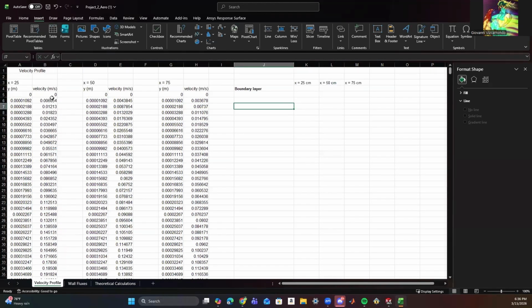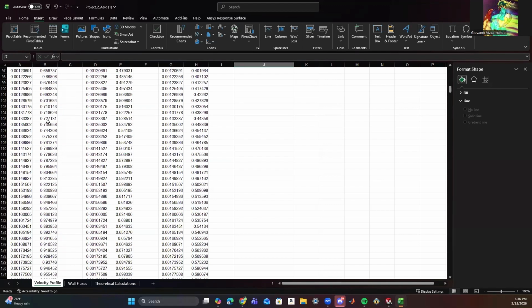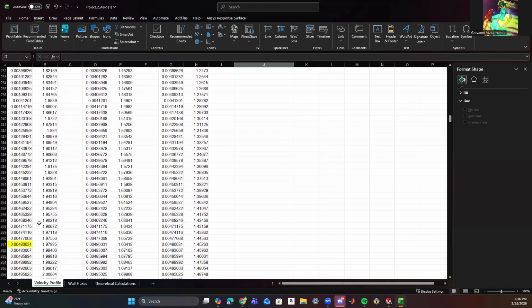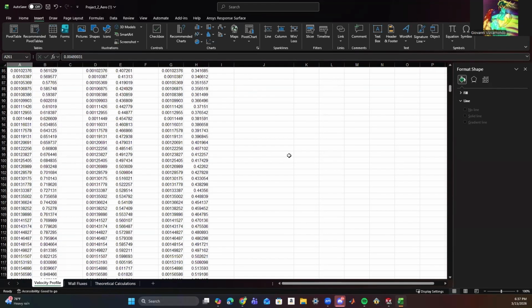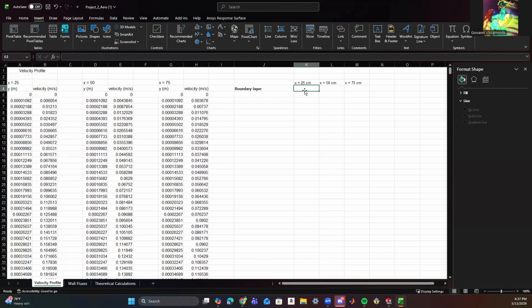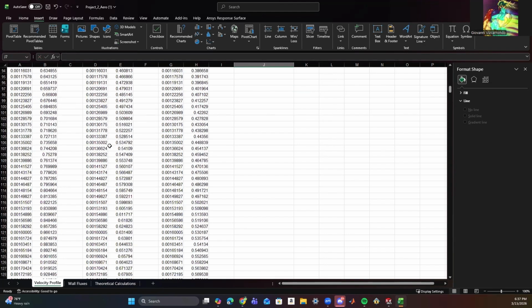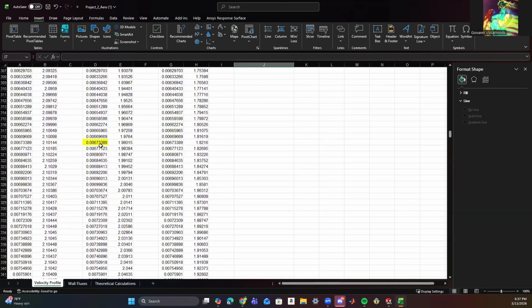We're going to go down here because this is our velocity. Again, we're looking for 1.98. Here is the closest thing we have to 1.98. That's A261. Then we're going to go down here, find the yellow. Again, this is the closest thing to 1.98, and that's going to be D319.